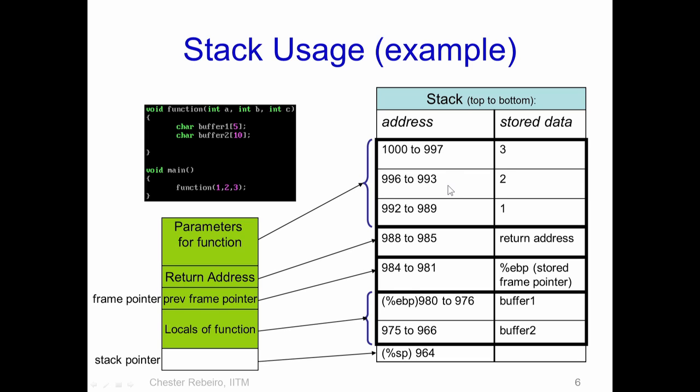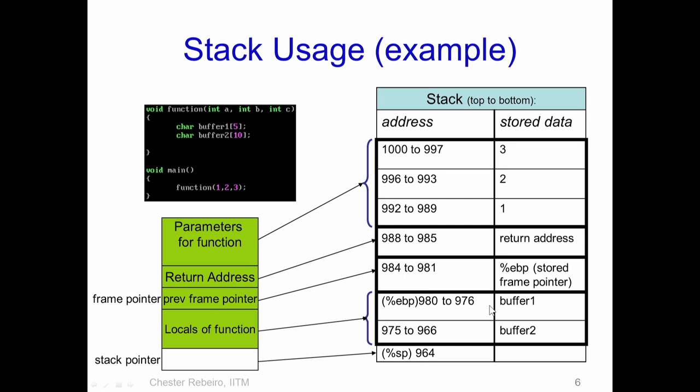Similarly, the second and third parameters also take 4 bytes. The return address for this function, essentially the point at which the function has to return, is also given 4 bytes, while the base pointer, since it is a 32-bit system, is also given 4 bytes.